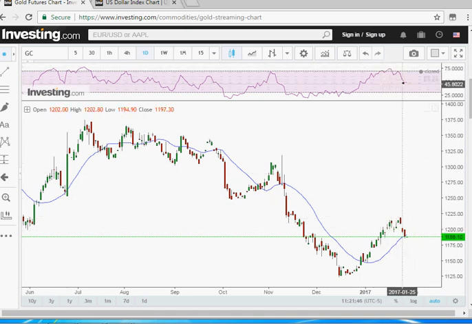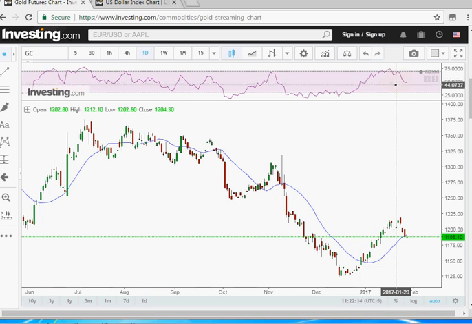This is also indicated by the relative strength index at the top of your screen, which was about a week ago at overbought levels. This recent decline has allowed us to cool down from those overbought levels. Currently we're at neutral levels on the relative strength index.